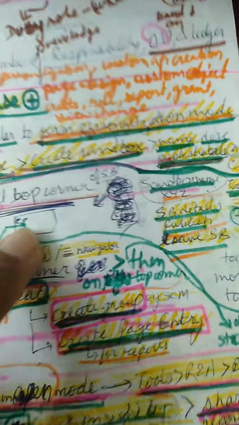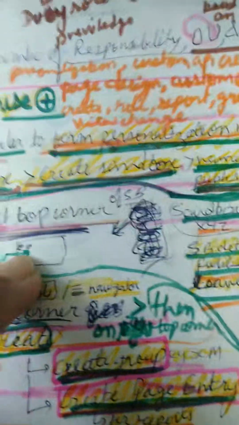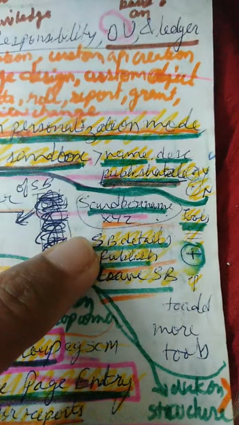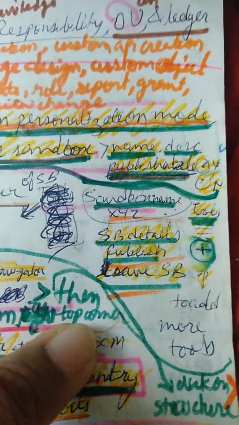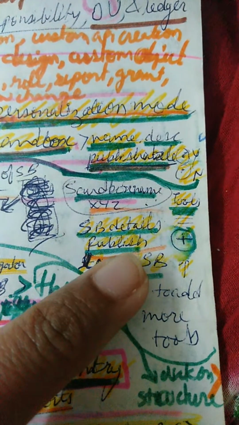Here on the page, on the top left corner we'll have information. What information will be present? Sandbox name, sandbox details. Then there are options to publish the sandbox or leave the sandbox. Apart from that, there is an option for adding tools again here.